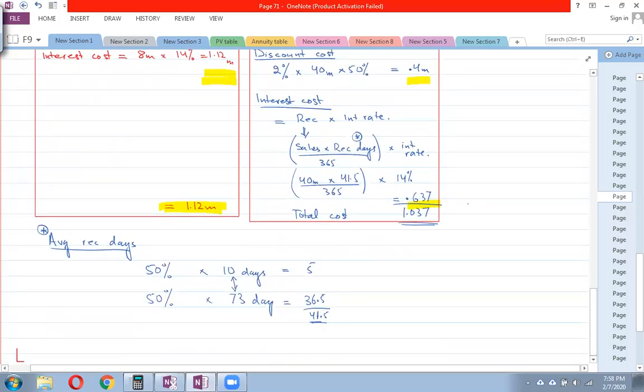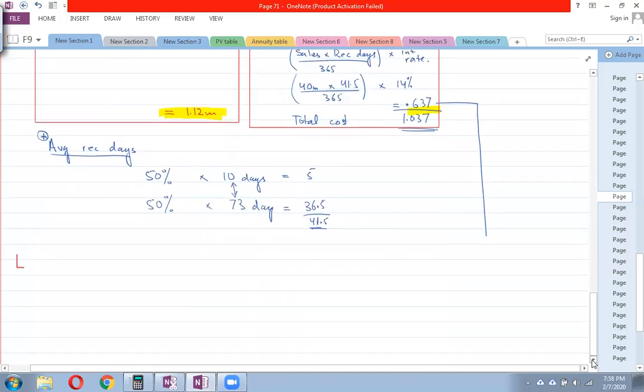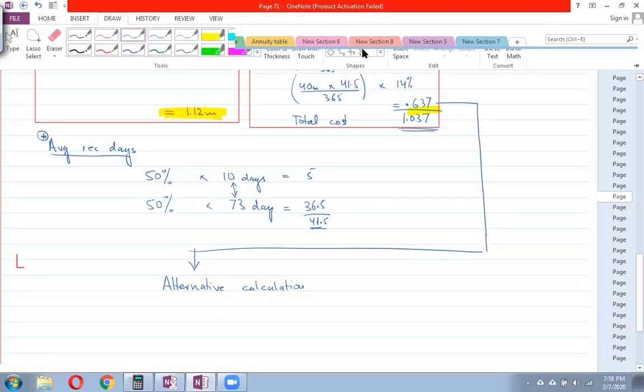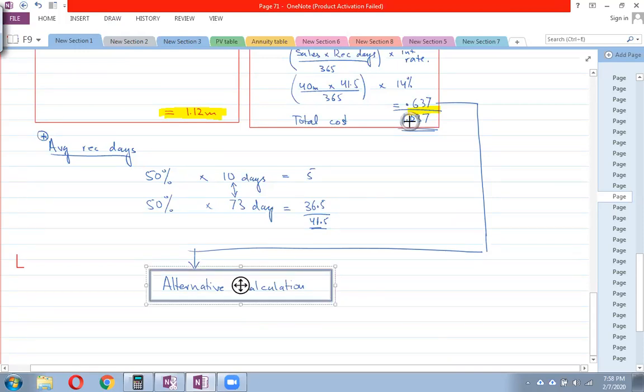The interest cost, which was 0.637. Remember, the interest cost was 0.637, right? So I'm going to do an alternative calculation. The answer will still be 0.637, but with an alternative calculation.